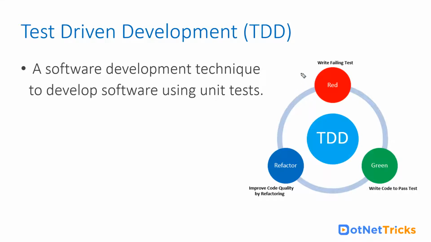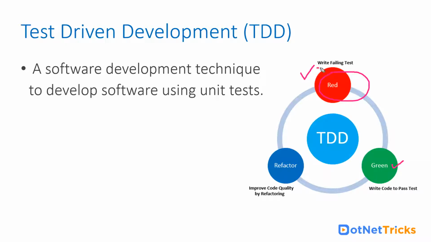When you first write the unit test case without writing the code, what will happen? It will fail. It will be in the red state, because so far I didn't write any code. Now to pass that unit test case, I write sufficient code, so that the test case will be in the green state, and you can say the test case will pass.